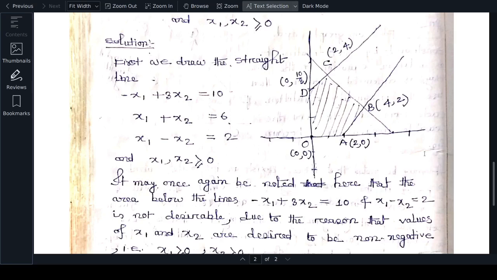So this is our c. My question is, y equal to mx means what? c is 0, meaning the line does not cut the y-axis elsewhere, it cuts at the origin. It is just the equation of a straight line passing through the origin for c equal to 0.